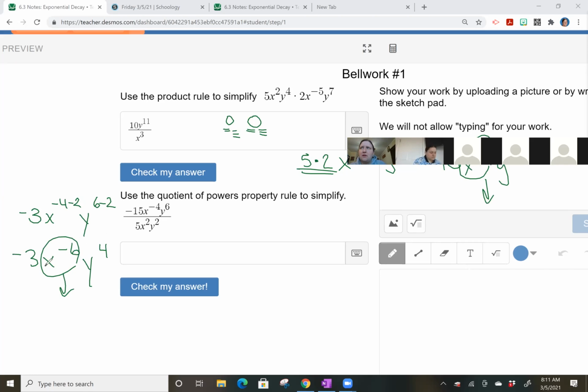In your case, it may have been like a -2. You got to be careful. Only the exponent that's negative gets moved down. So the -3 and the y to the 4th stays. X to the 6 goes down, becomes positive. So the check my answer is not going to work for you. I'll give you a minute to write this down.